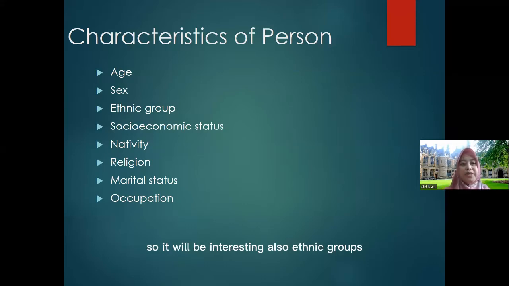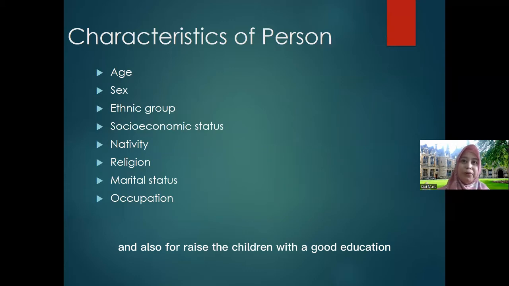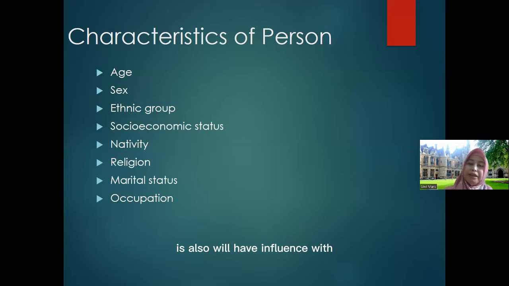Then ethnic groups and socioeconomic status: people with a limited budget for providing good food for the family, providing security of health care, and how to build a healthy home for them, and also raising the children with a good education, for example, will also influence the risk of the person getting the disease.